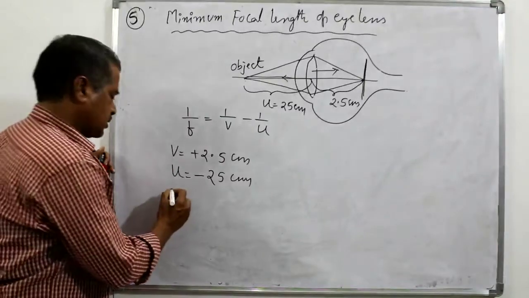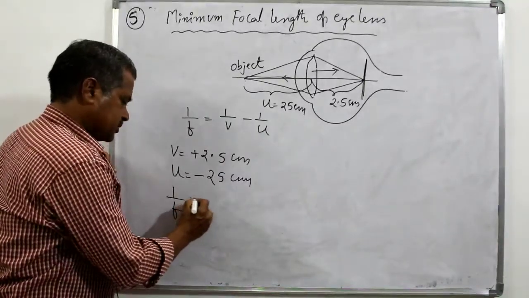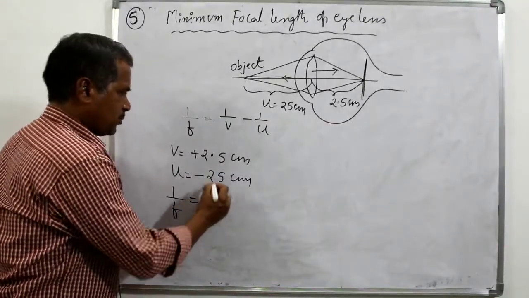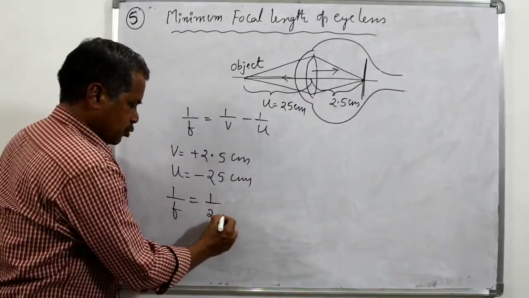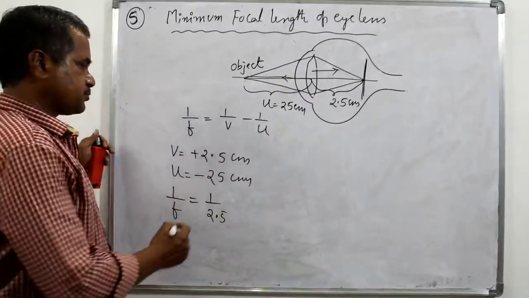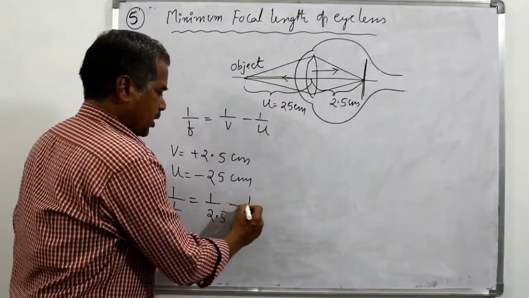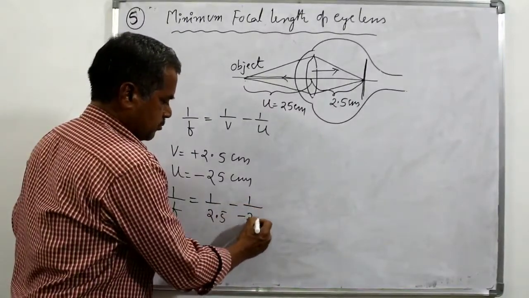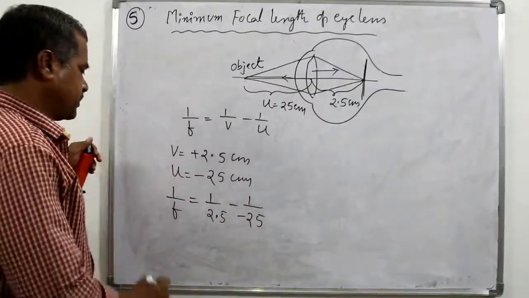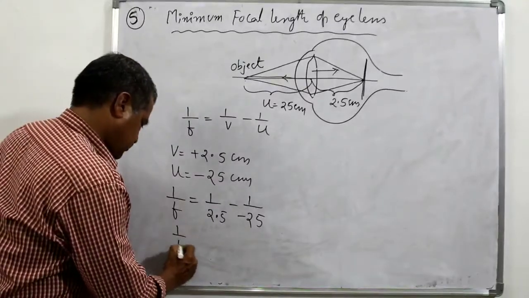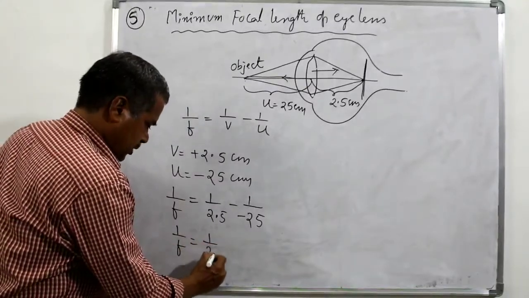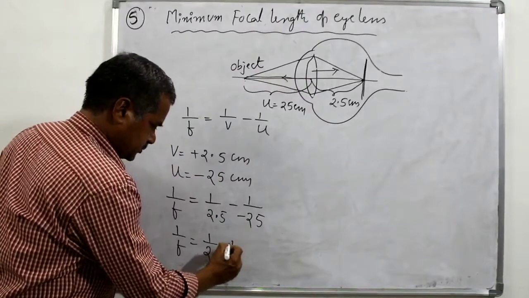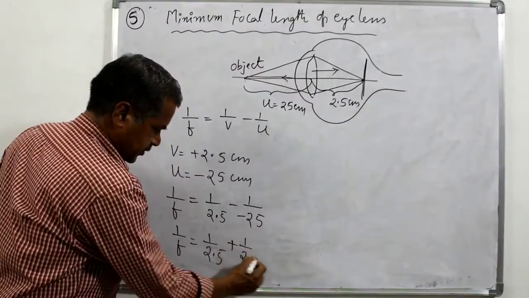Substitute these values in the formula: 1 by f is equal to 1 by 2.5 minus 1 by minus 25. So 1 by f is equal to 1 by 2.5 plus 1 by 25.